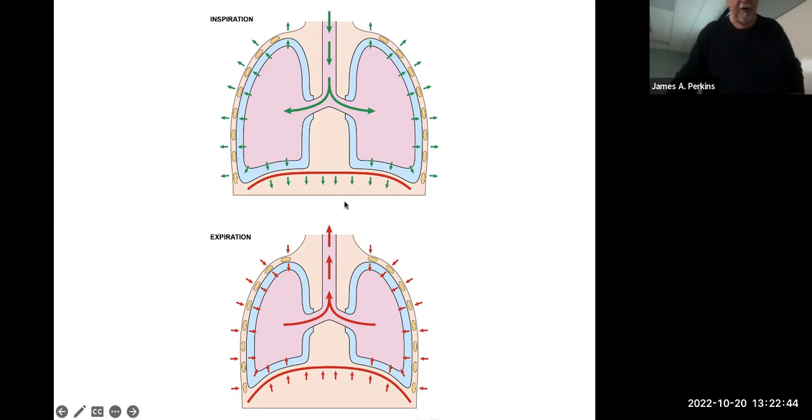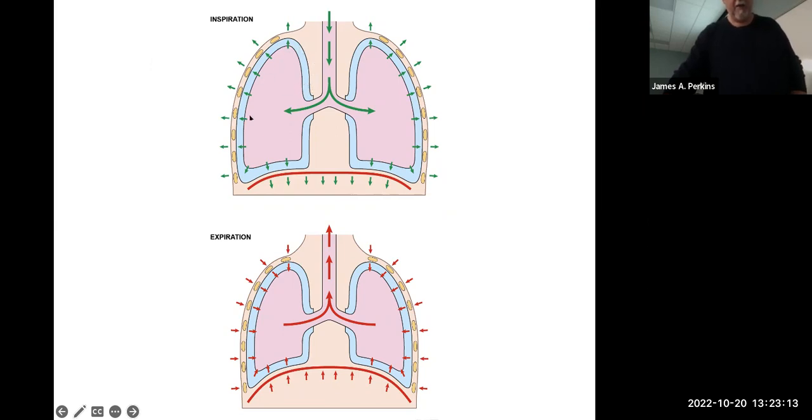So in the upper picture, the diaphragm, which is this red line down at the bottom, is flattening out and pulling downward. And then the ribs, as they're being pulled upward by the neck muscles and by the external intercostals, as they move upward, they're also moving outward. And that's increasing the volume of that pleural cavity or that thoracic cavity.